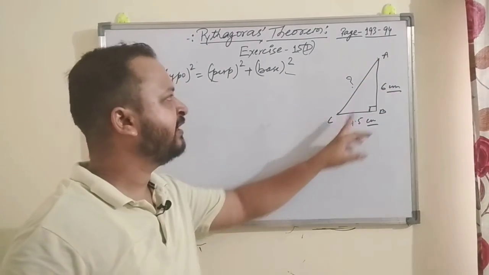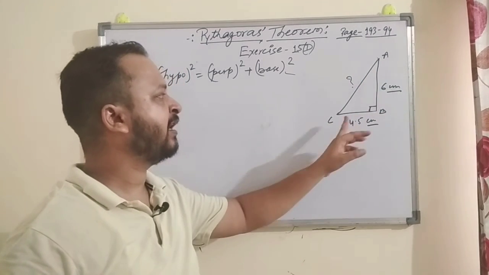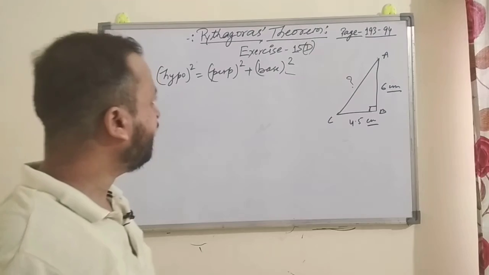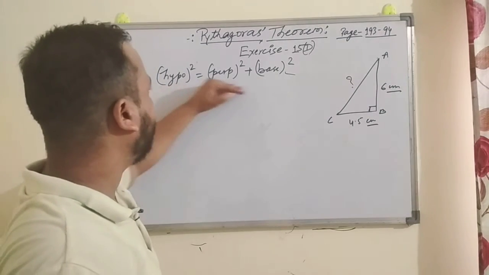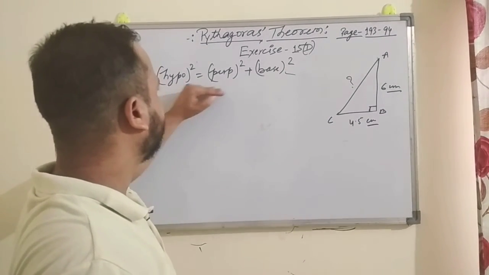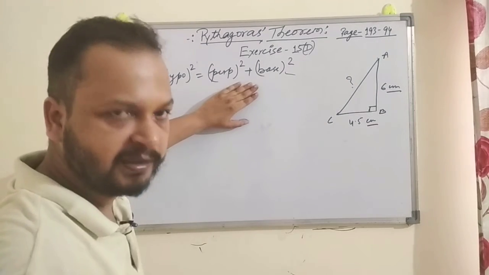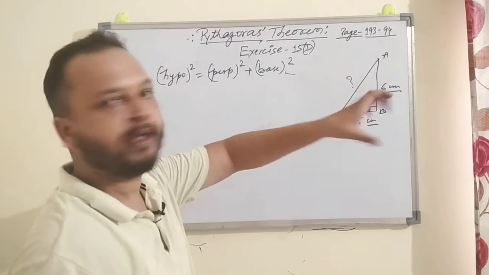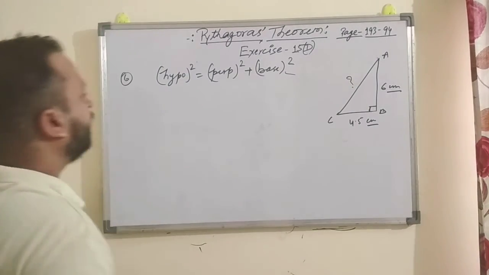You can take A here, B here, or C here, or C, B here, A here. This way. So just focus on the basic part: hypotenuse square is equal to perpendicular square plus base square. Don't go by the names, like AC square is equal to AB square plus BC square.